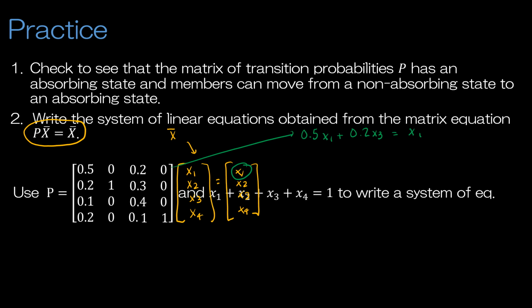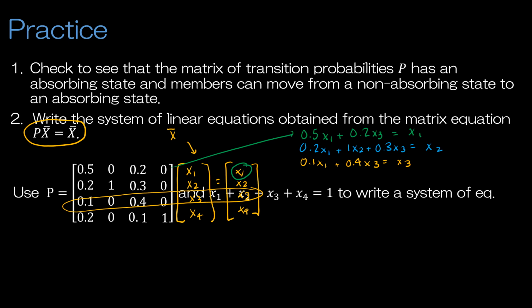My next line, 0.2x1 plus 1x2 plus 0.3x3 is equal to x2. Next line, we have 0.1x1, and again, I'm just looking right here. 0.1x1 plus 0.4x3 is equal to x3.